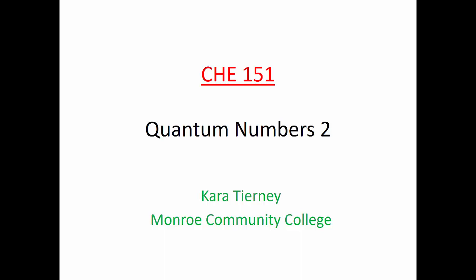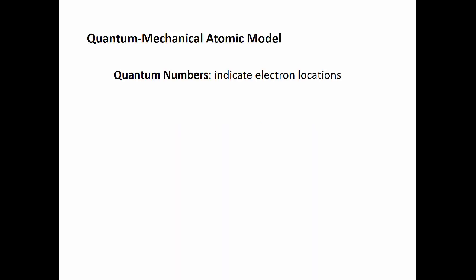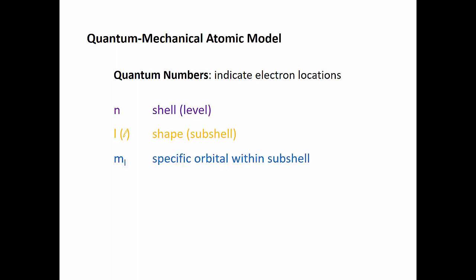Quantum numbers. Previously I gave an introduction to quantum numbers, and we talked about the first two quantum numbers, n, which defines shell or level, and L, which defines our subshell or our sublevel. In this video, we're going to further define our M subscript L, and that's going to specify exactly which orbital within the subshell the electron is located.